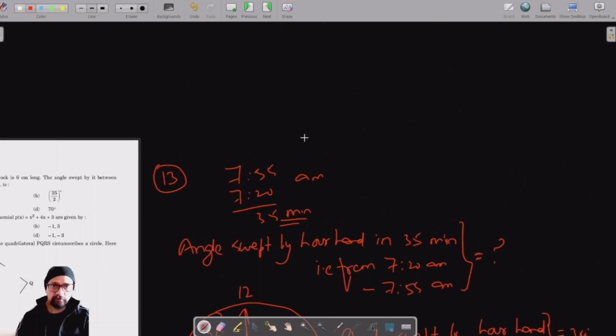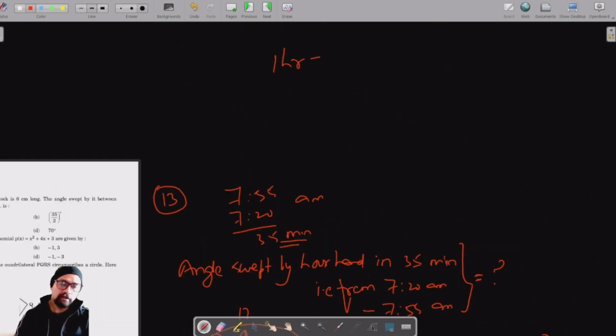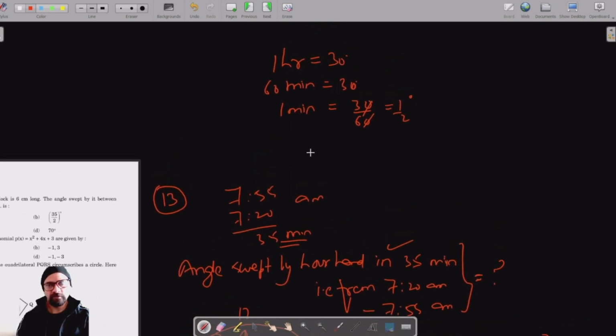So that means in 1 hour it sweeps an angle of 30 degree, and 1 hour means 60 minutes it sweeps an angle of 30 degree, and in 1 minute it sweeps an angle of 30 by 60, which is half degree. And we have to find it for 35 minutes.